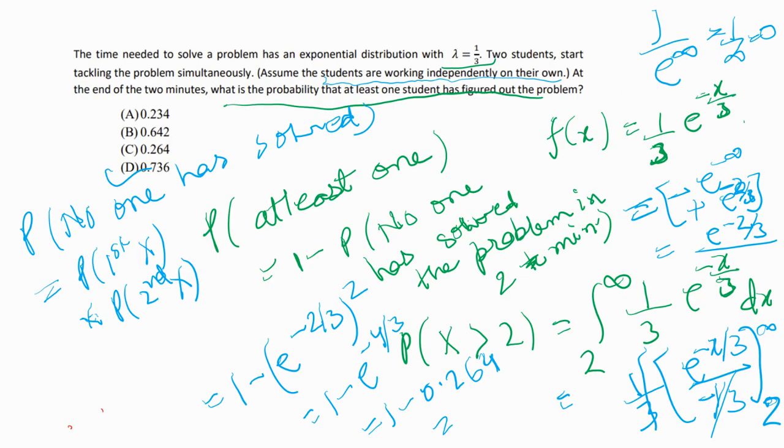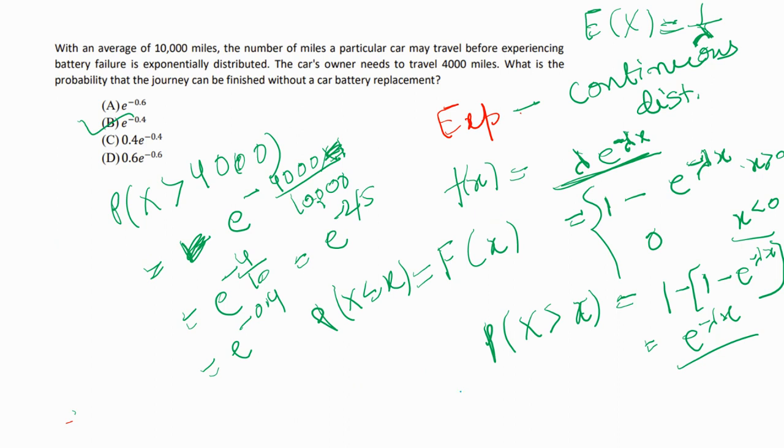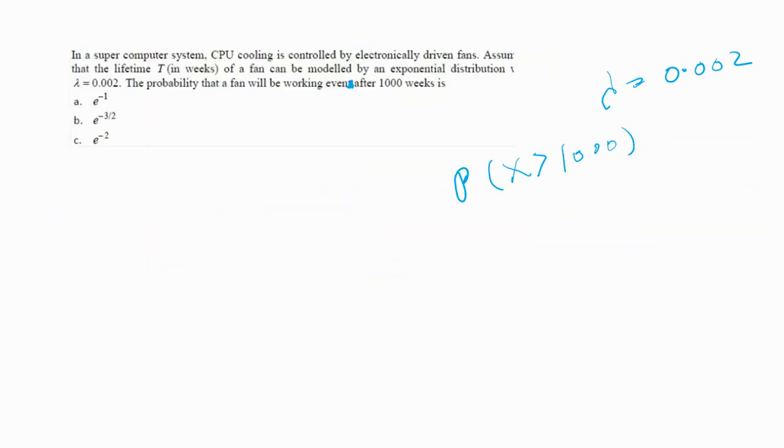What I have said earlier is that in the case of exponential distribution, the probability that X is greater than x is equal to e to the power minus lambda x. So minus lambda given here is 0.002, and x given here is 1000. So if you just multiply, it will be e to the power minus 1.